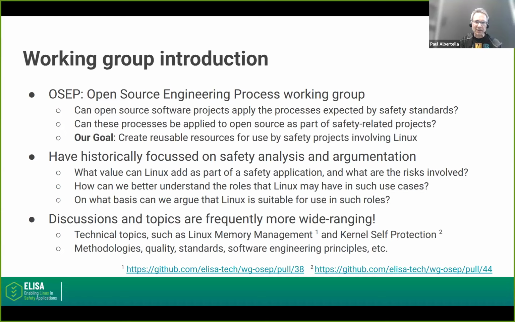Because as Philip said, there's a whole set of standards, some generic ones and some tied to particular industries, that provide a guideline about what kinds of processes and evidence you need to see if you want to make a case about software being safe or software as part of a system being safe.